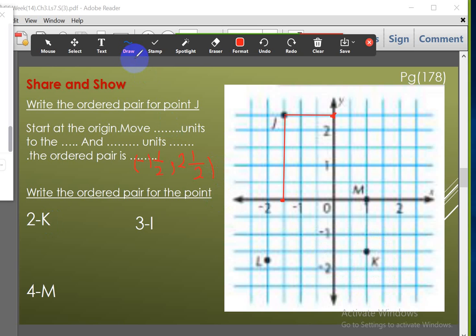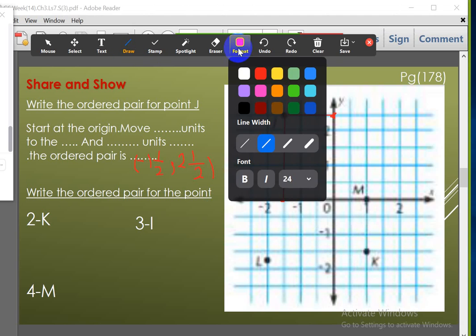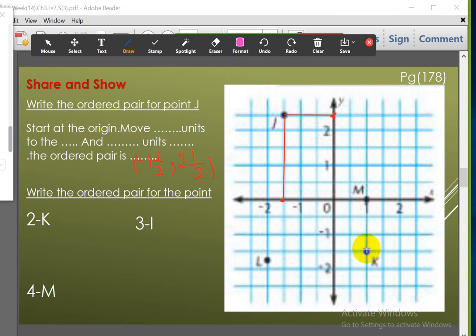So to find the x coordinate, I told you that the first thing I have to do is take a vertical line from the point, and this line will cross the x-axis at a point.